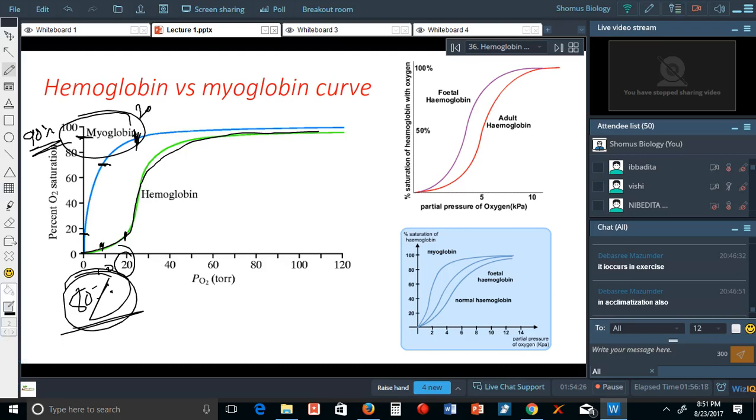So when the hemoglobin runs out of oxygen supply, myoglobin can continue to provide oxygen to the muscle, and the muscle can continue to do the work without fatigue, without turning to lactic acid fermentation. Because without oxygen they will turn anaerobic and lactate will build up in the muscle, which will cause fatigue. So myoglobin tries to prevent that and allows the physiological activities to continue at that very low level of partial pressure of oxygen. That's the job of myoglobin.